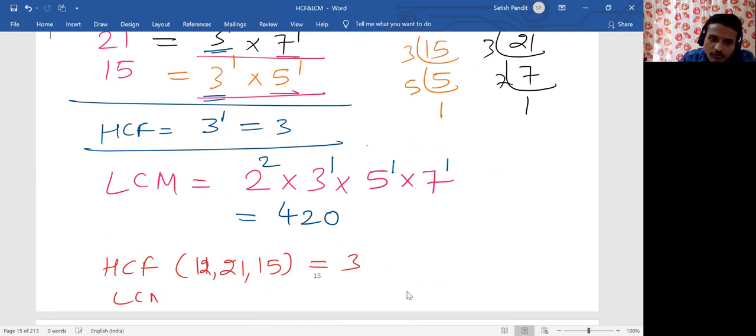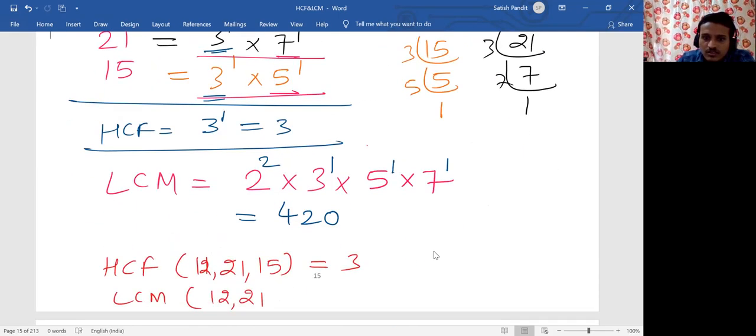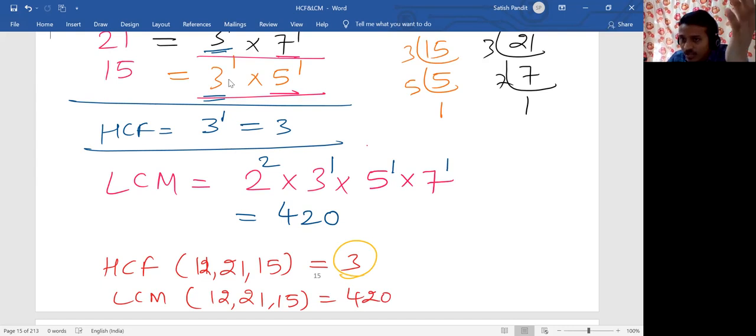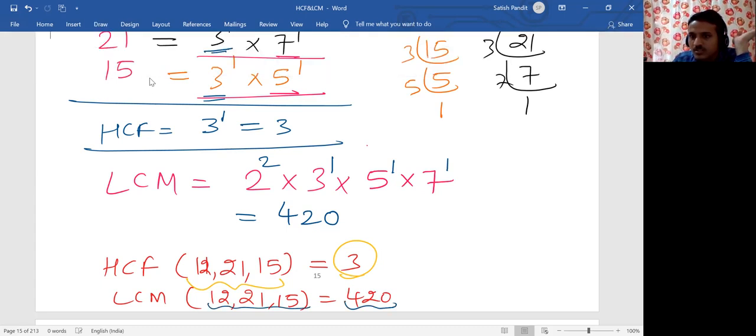And LCM of 12, 21 and 15 is 420. What is the meaning? HCF is the largest number which can divide the given numbers completely. LCM is the smallest number which is divisible by all these numbers. You understand? I hope it is very, very clear.